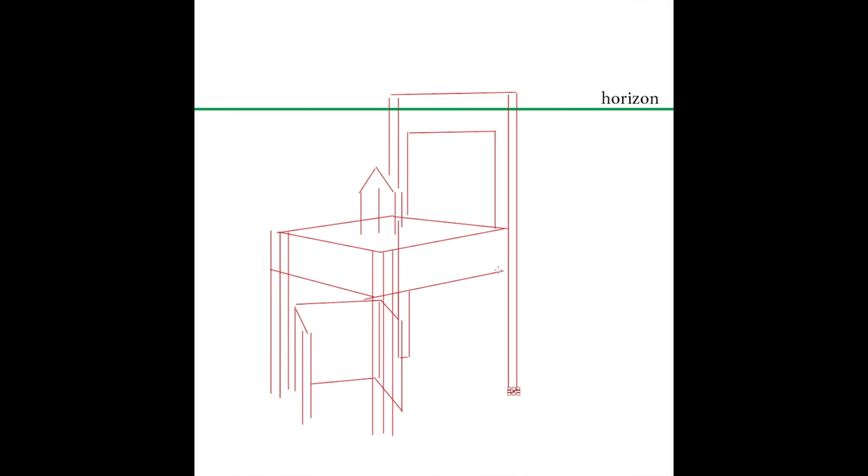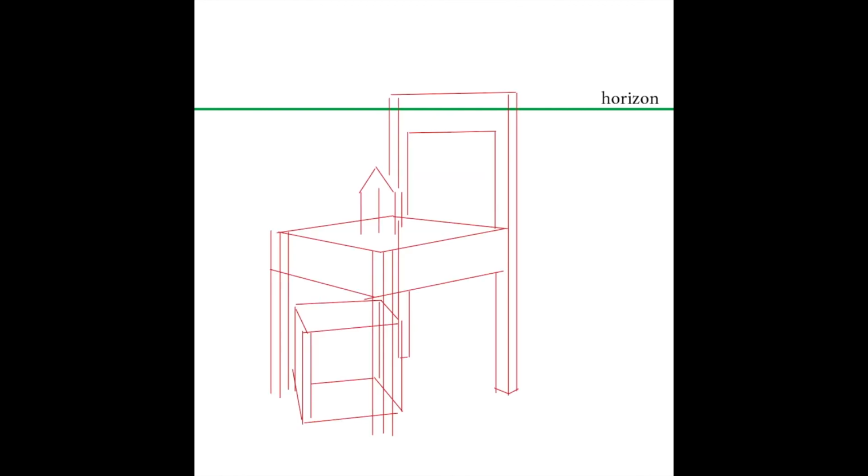But you are going to use your intuitive knowledge of perspective to know what direction these vanishing points head off in. See? But again, verticals, verticals, verticals. A vertical, always. All right, thank you.